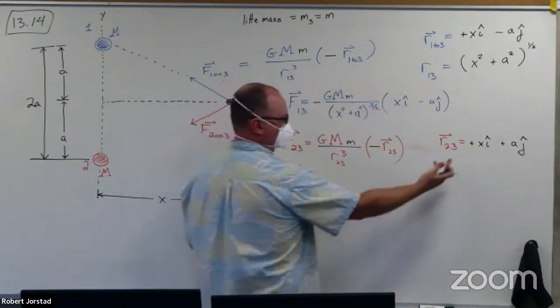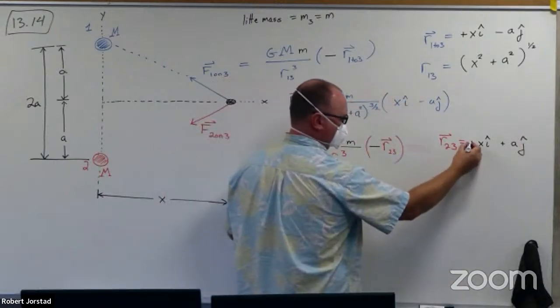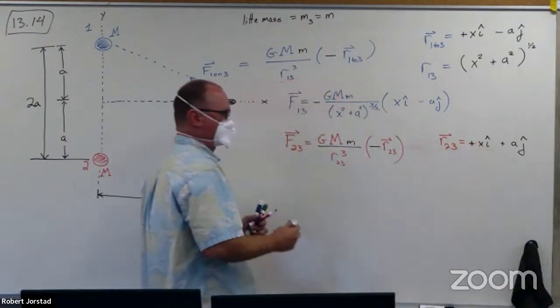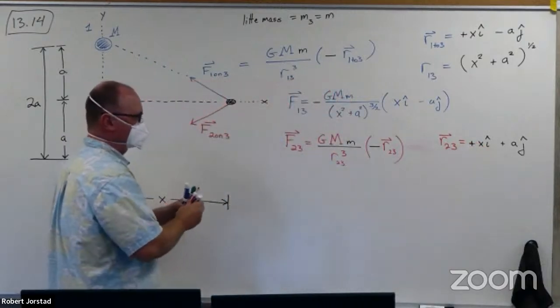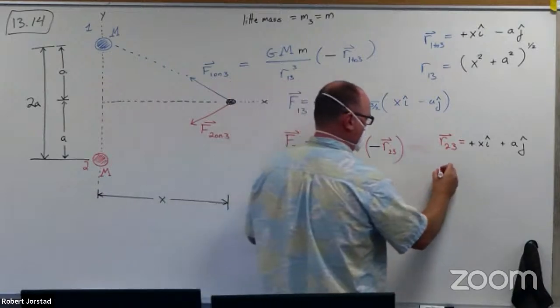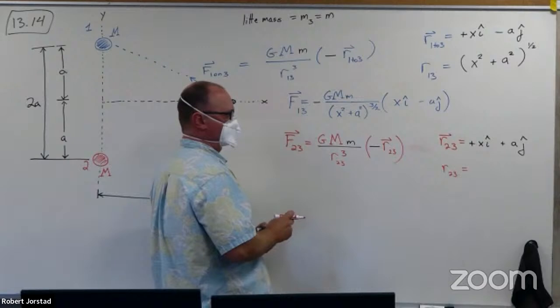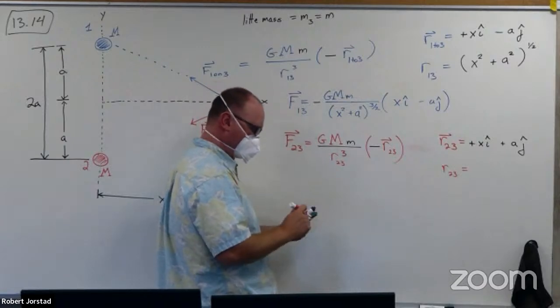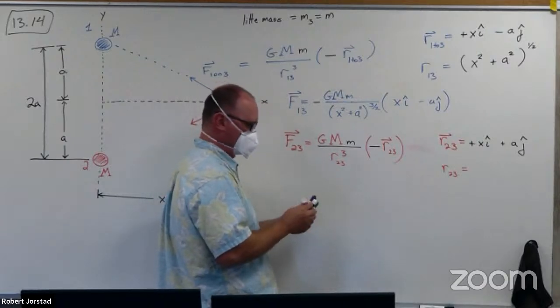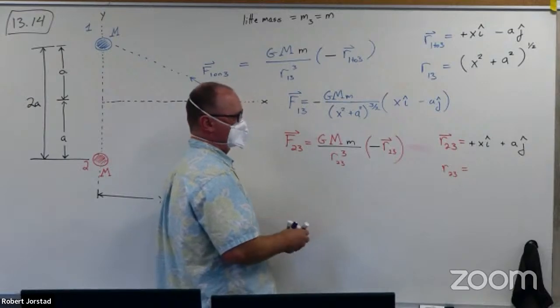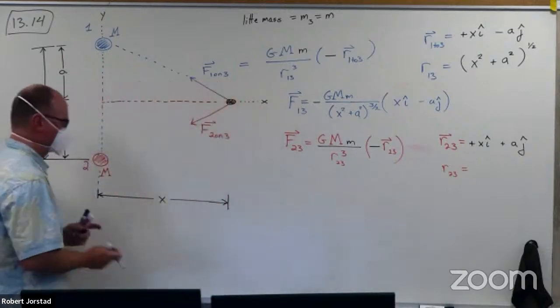Obviously, we don't need this plus sign in front. I was just doing that for emphasis, okay? So what's R23? The magnitude. Is the magnitude different or is it the same as the previous one? Same distance.